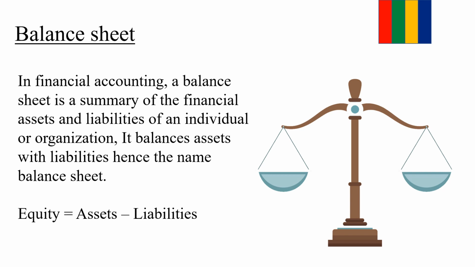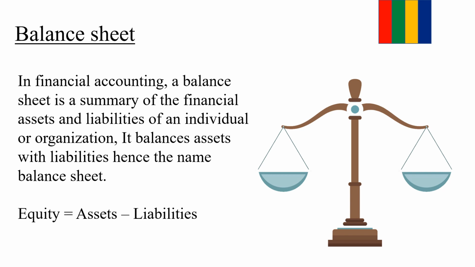Next up, we have a balance sheet. In financial accounting, a balance sheet is a summary of the financial assets and liabilities of an individual or organisation. It balances assets with liabilities, hence the name balance sheet. And we have a little equation underneath.